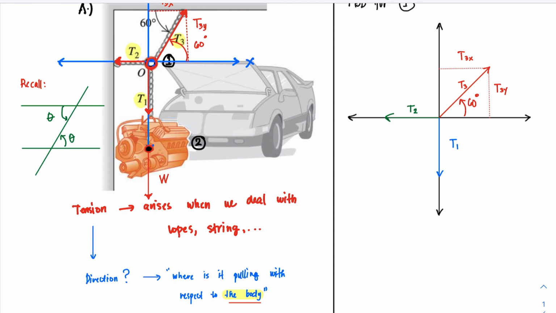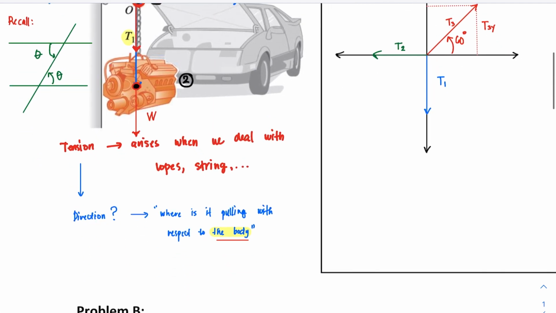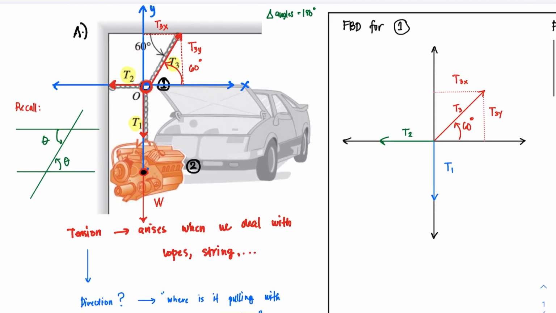This is where our body of concern now, your engine. Now, we have a chain that is represented by T1 in this case, right? But take note, where is the direction of T1? With respect to the ring here, we have tension 1. But the direction of tension 1 is directed downward, as you can see here.